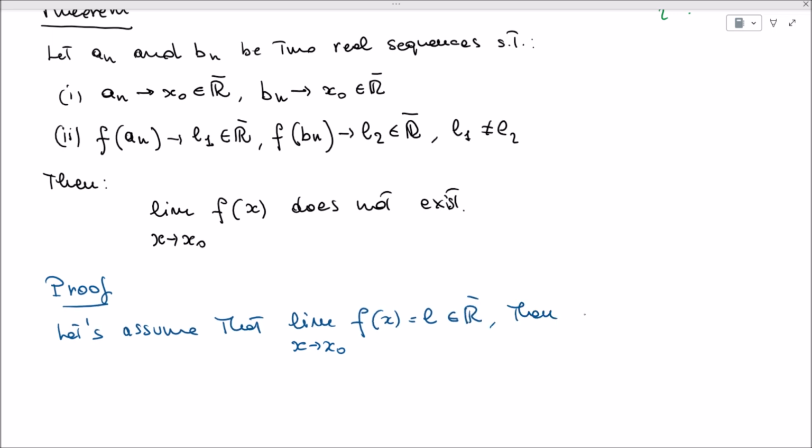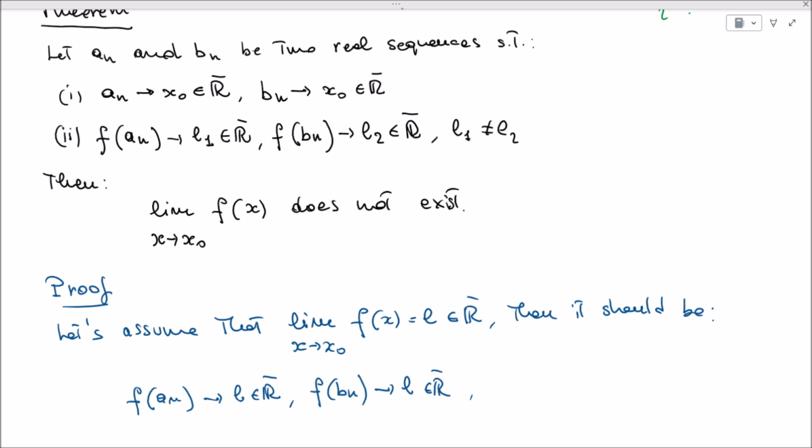Then it should be that f of an tends to L in the extended real line, and also f of bn tends to L in the extended real line. But this, of course, is a reductio ad absurdum. So this finally proves by contradiction that it is impossible that the function f has a limit.